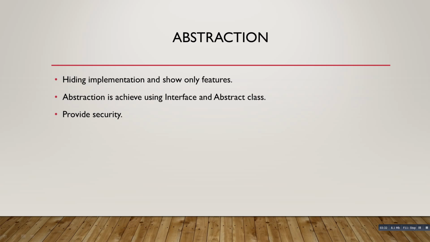In that way we provide security to our project by using abstraction, and we also provide simplicity. Because as a user, we only want to know how to use the app. We don't want to know how the app works, because if you tell each and everything to the user, the user will get confused and from next time will not use your app.